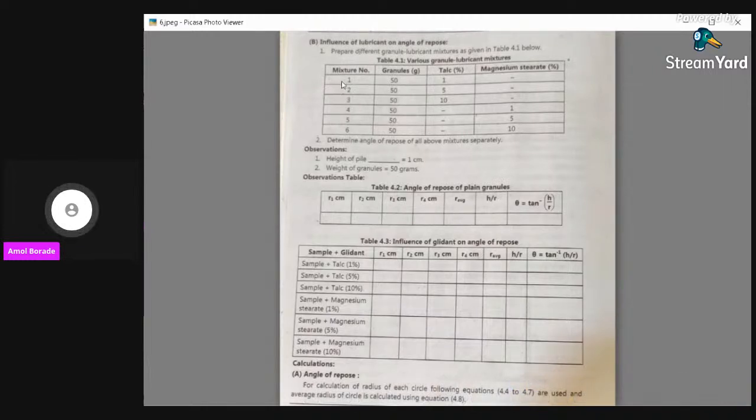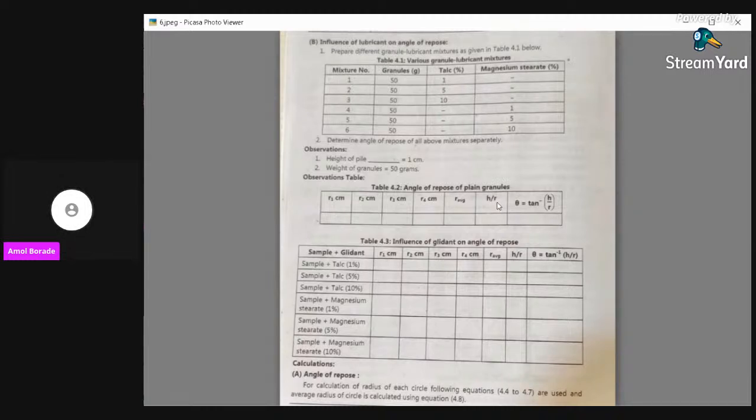So you are having 7 batches, 7 circles. Take the R, the radius of each circle; easily you can get it. Now come to this column, H upon R. It is the height of the pile divided by R of the first circle.